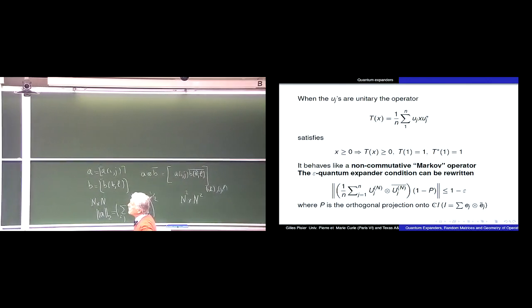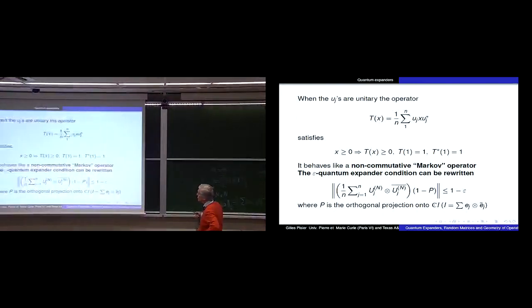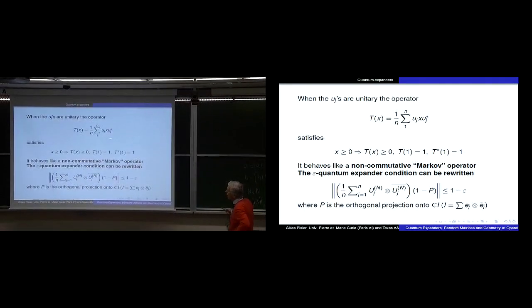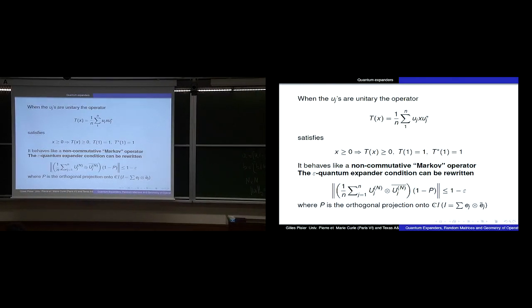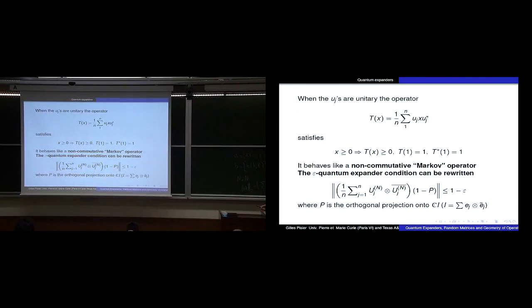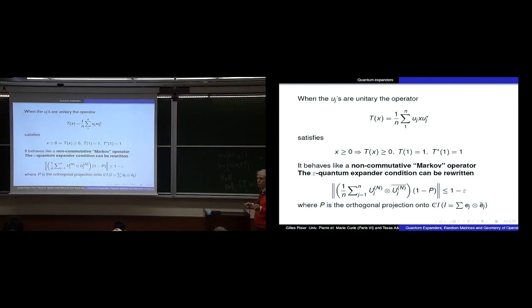You see that we are really interested in the spectrum of this operator, or at least the spectral gap of this operator, which incidentally satisfies nice properties. It takes positive to positive, the unit is fixed, and it's also fixed by the adjoint. So you can recognize properties which are classical properties of a Markov operator, for instance in Markov chain theory or random walk theory.